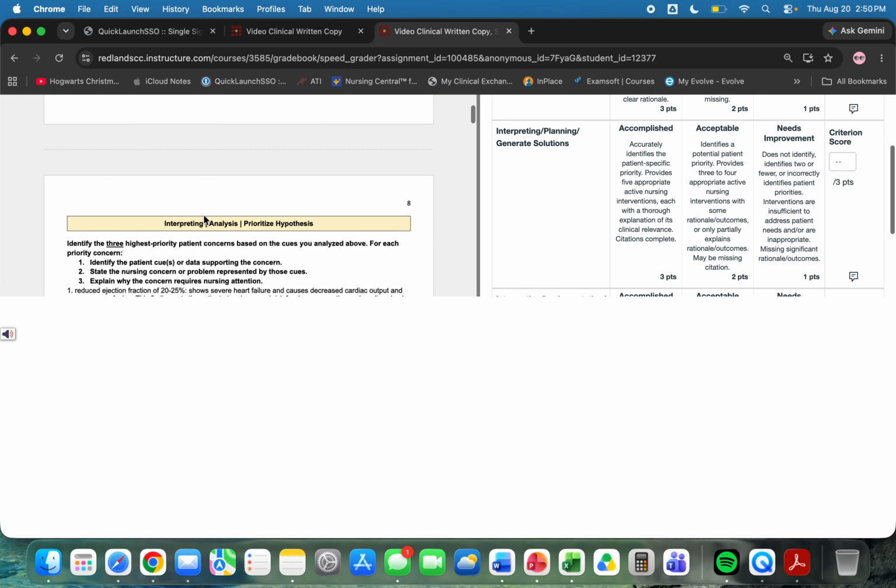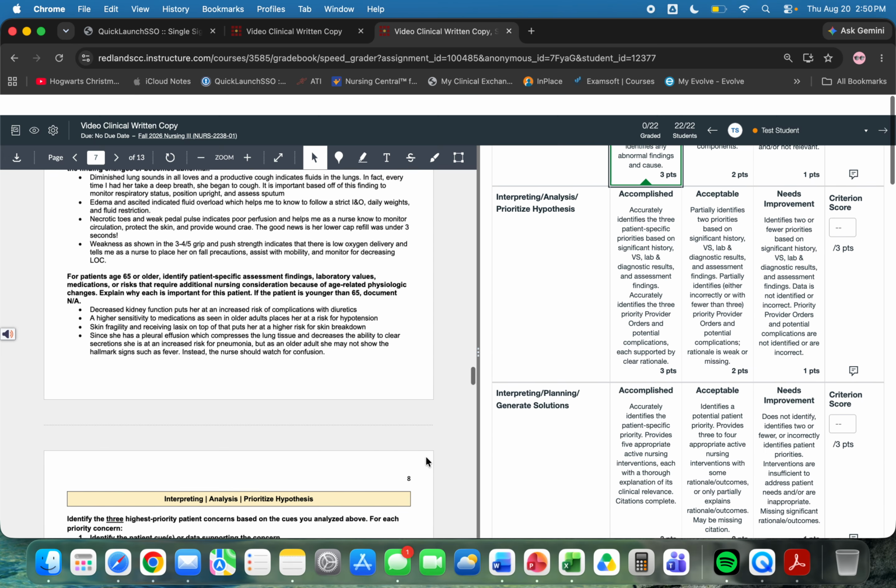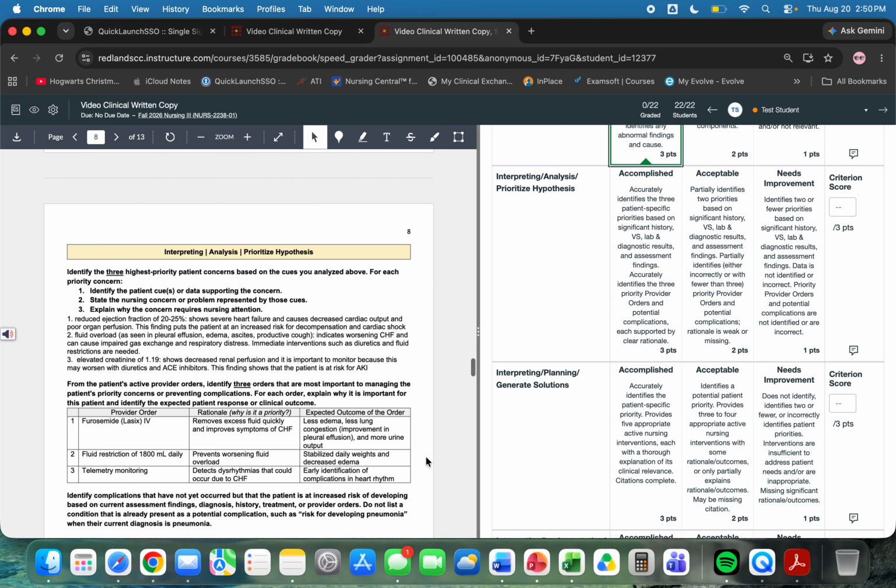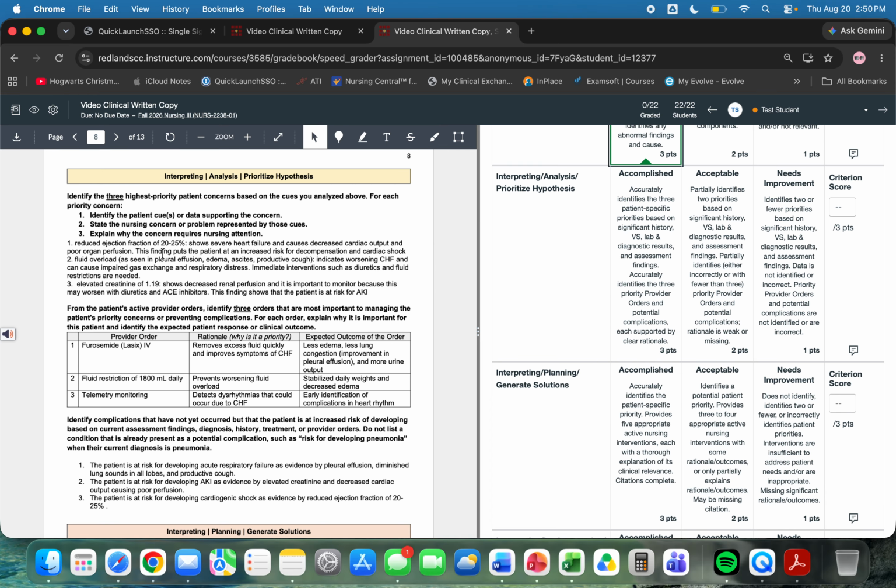Okay, so out of all that stuff that she gathered, she says that the 3 things that she feels are the highest priority are the reduced ejection fraction, which I would agree with, probably, okay. Fluid overload as seen in, so she's taking the data that she's gotten and she's giving the supportive factors to it.